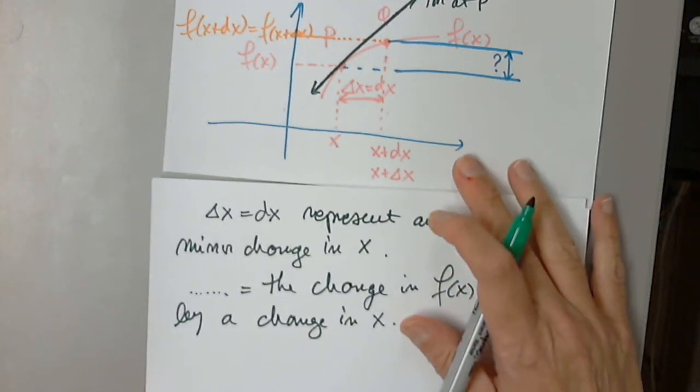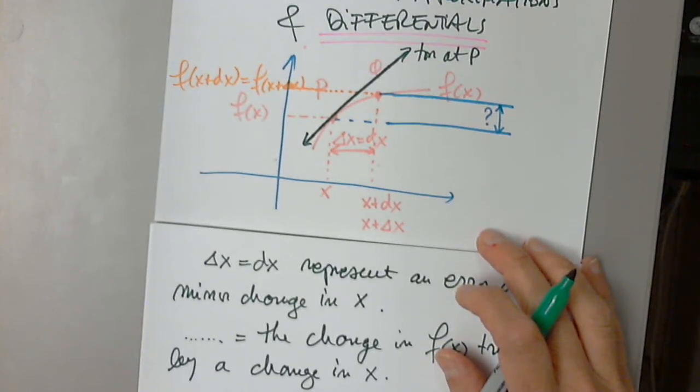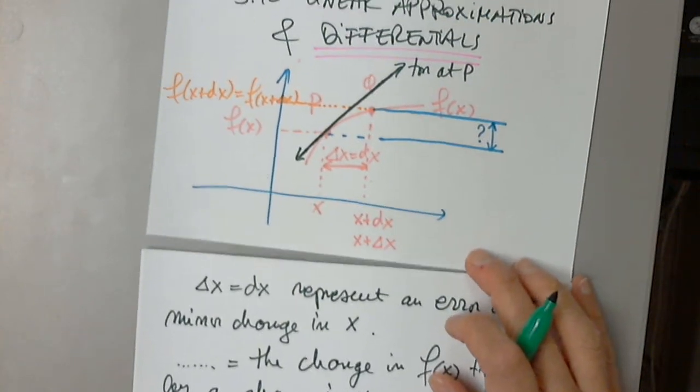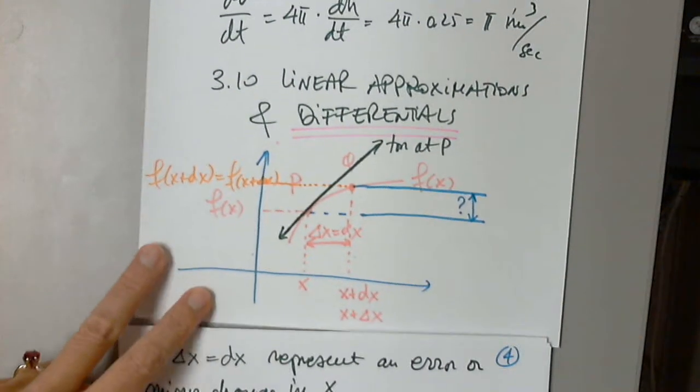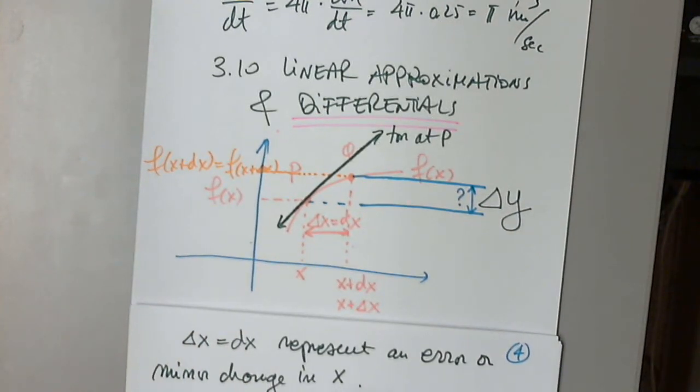Eddie? Isn't this the gap that was given to you, that there could be within? So like if there was an error, that's the gap that there is. No, this is the exact change. All I wanted you to say is the exact change in the function triggered by a minor change in the independent variable. Like with the example with the disk, I made an error in the radius.